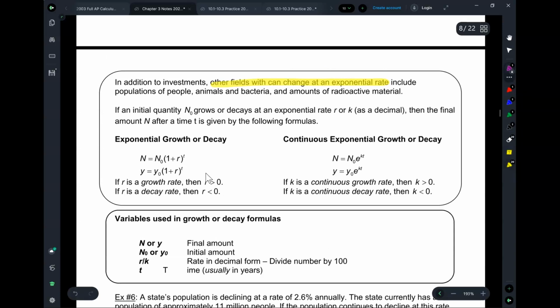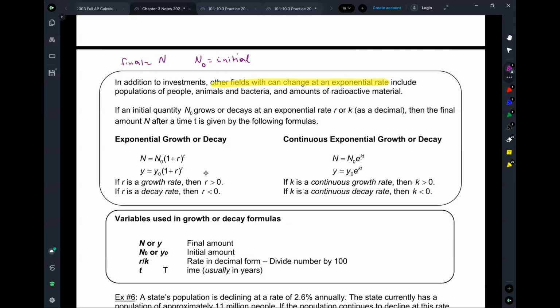In math, in order to be efficient, if you have final amount, suppose final amount is N, the initial amount is written as N sub 0, but we read it as N naught. So N naught, y naught, p naught, v naught, okay? So it's like initial versus final. That's a little bit of notation. So if final is N, then this is initial.